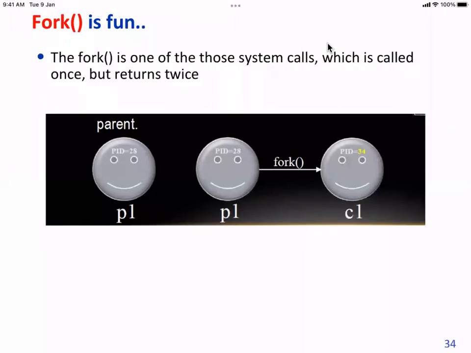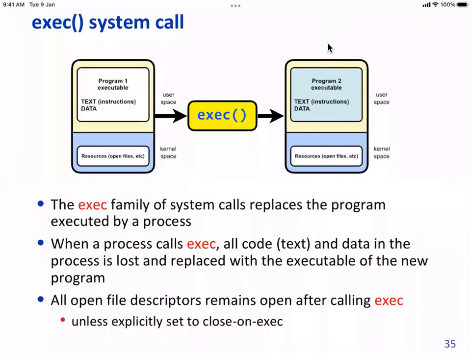Then we have gone into details of process and threads, and we have seen how a process is created. When a system boots up, the OS boots up, there is just one process, and then other processes are to be forked from there. We have seen the concept of the fork system call, wherein a replica of the process is created. And then we have looked at the exec system call, because there is not much use if the same process is created as a child process.